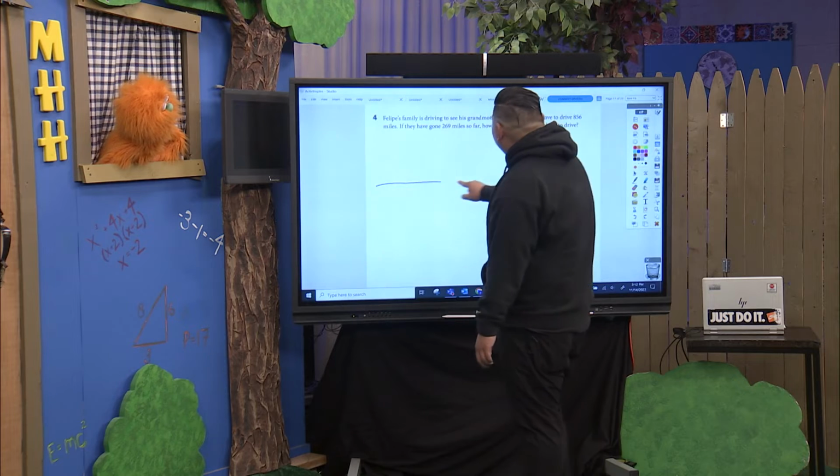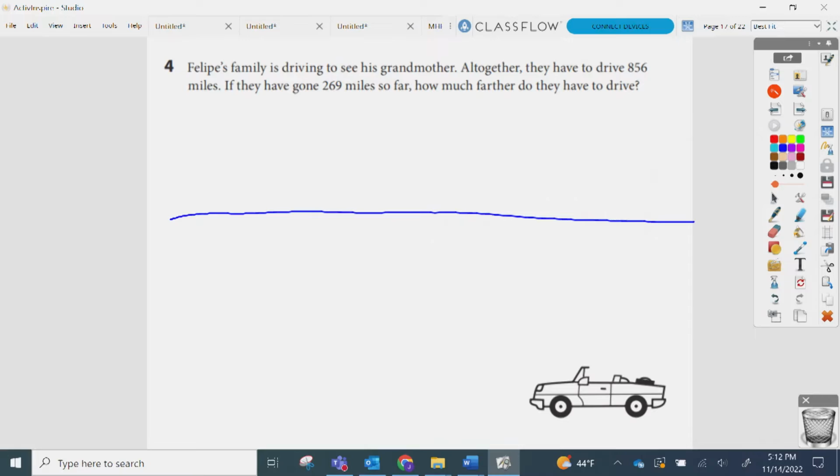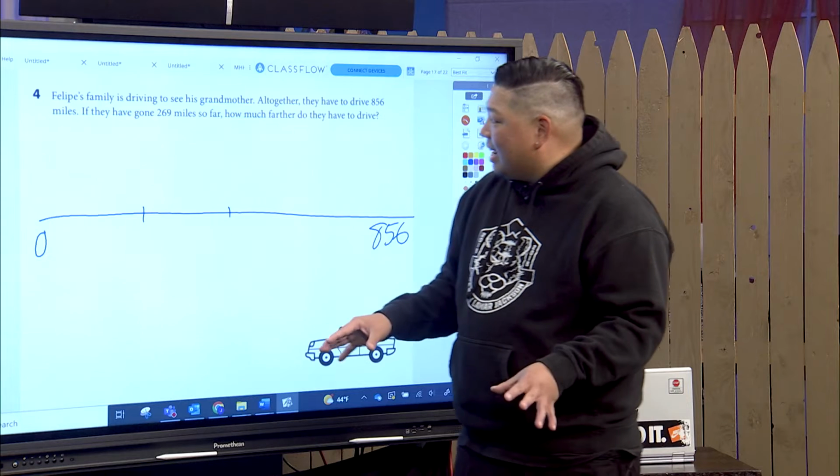All right, so let's go ahead and use a number line here. If all together they need to drive, from 0 to 856, and they've already gone 269 miles, halfway would be around 400 something. So maybe around here. We're using an open number line, so it's okay if it's not exactly to scale.